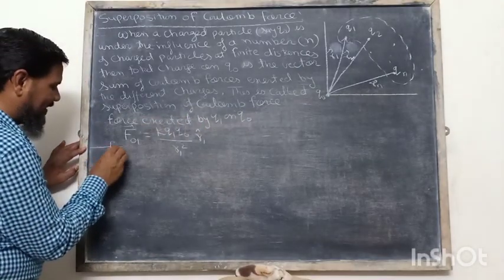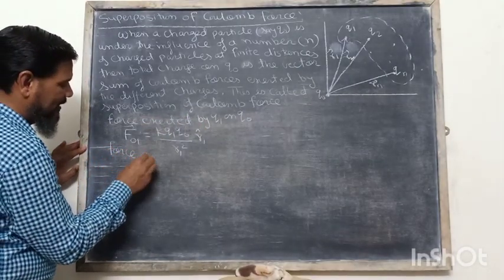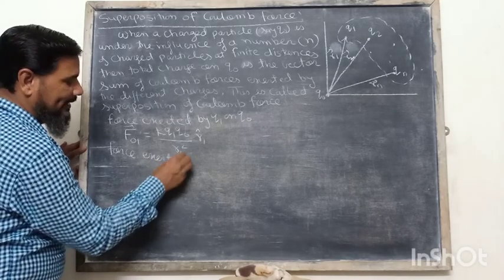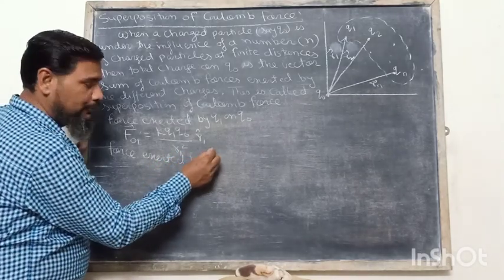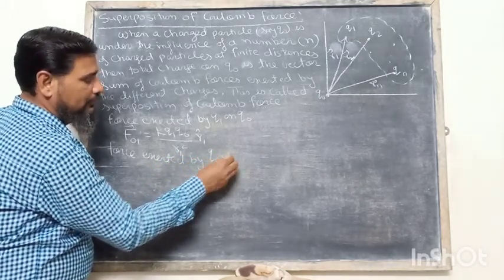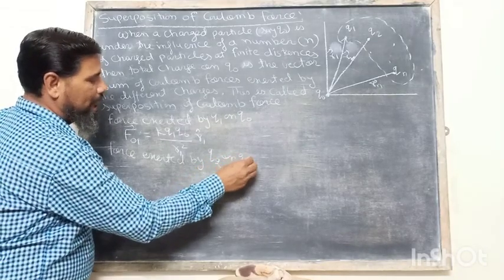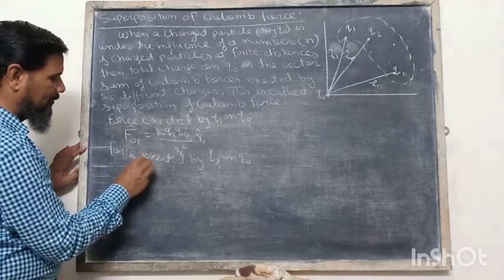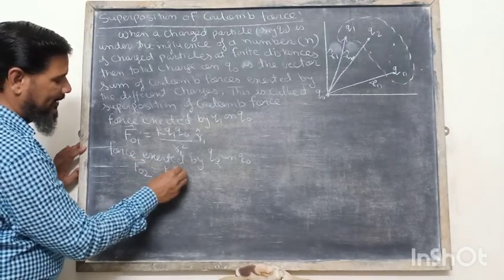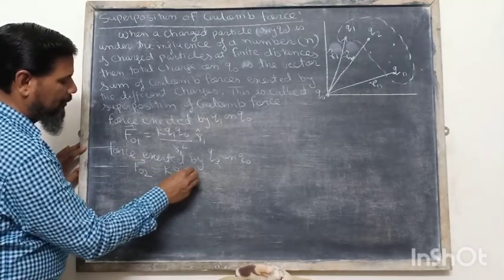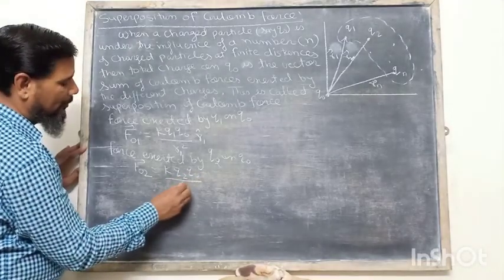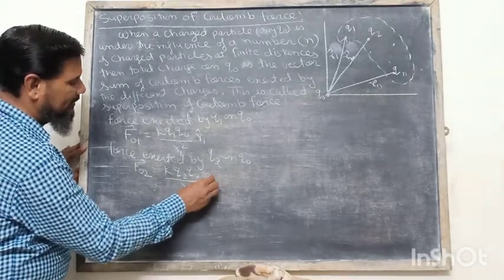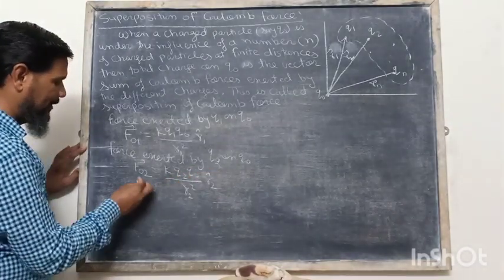The force exerted by Q2 on Q0, F02, is equal to K Q2 Q0 upon R2 square R2 cap.